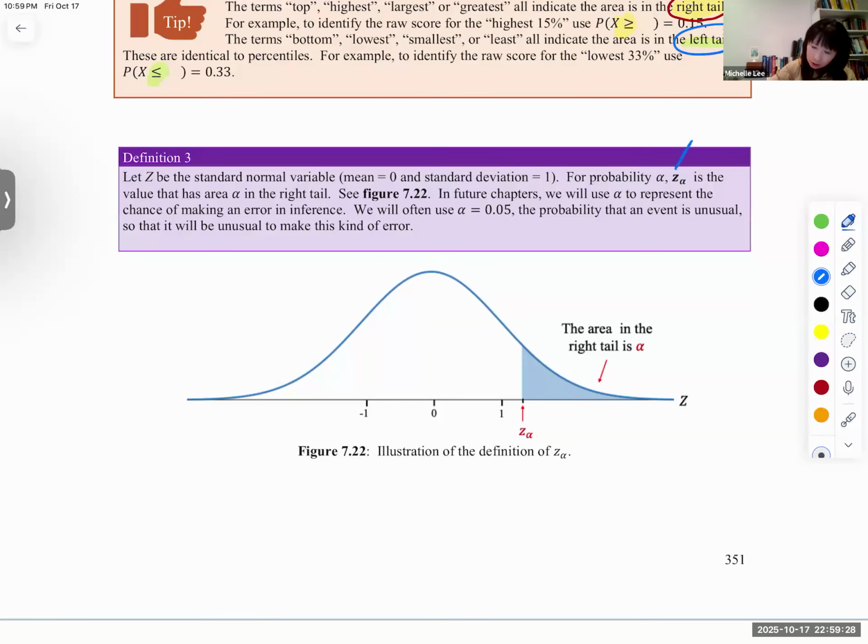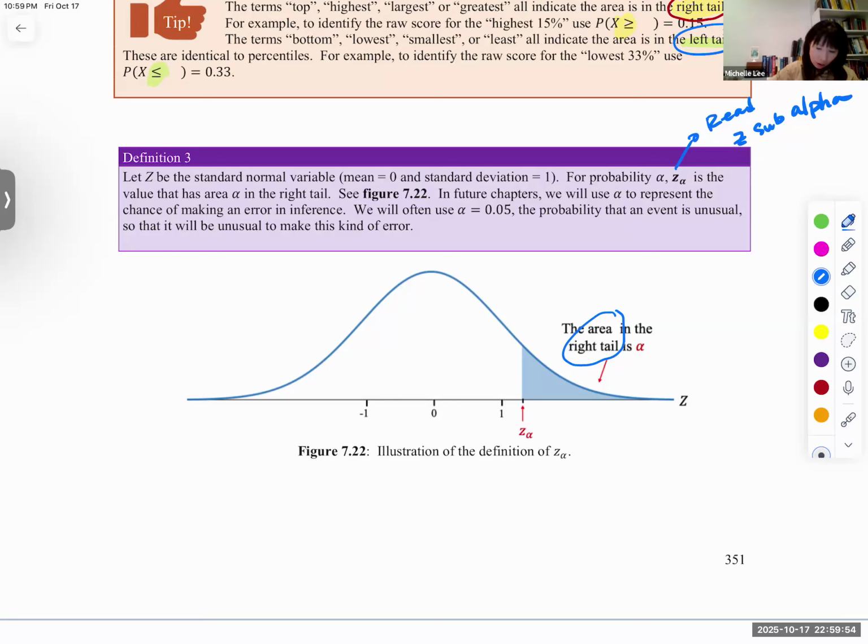We read z sub alpha. Let me write it down. So what does this mean? Alpha is the area of the right tail.